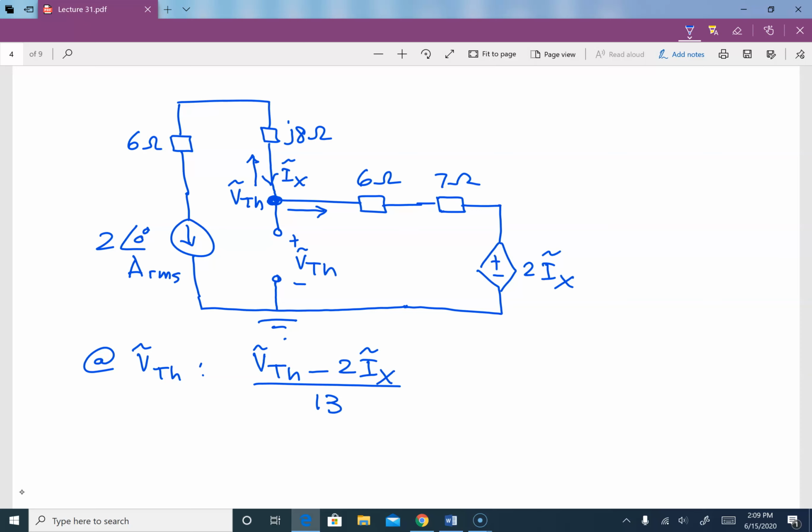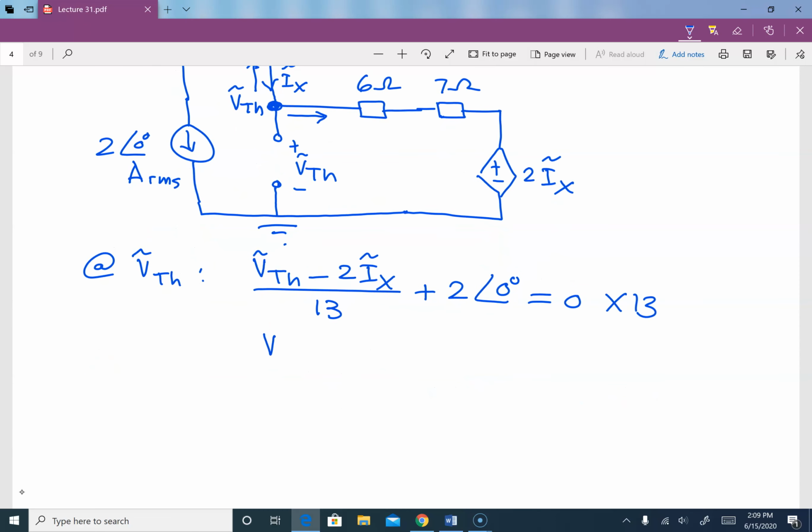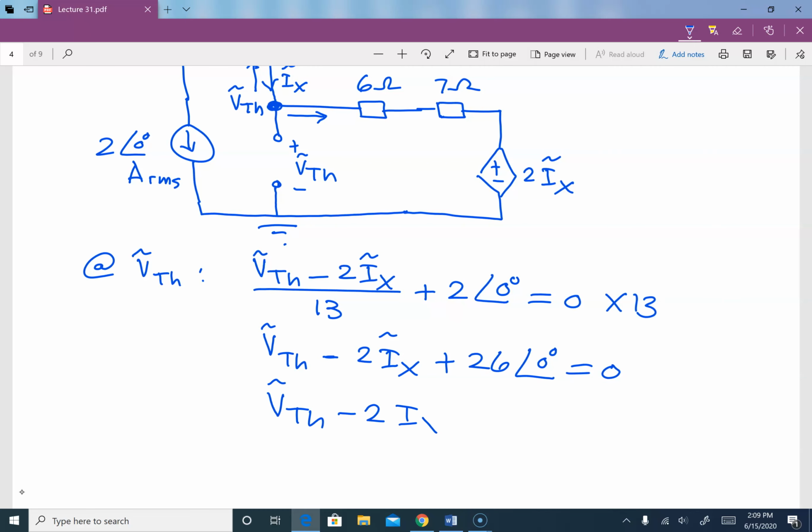Now the current flow in here, that is 2 with angle 0 plus 2 with angle 0, and that is equal to 0. So if I multiply by 13, we are gonna get VThevenin minus 2Ix plus 26 with angle 0 is equal to 0, which means that VThevenin minus 2Ix is equal to negative 26 with angle 0.